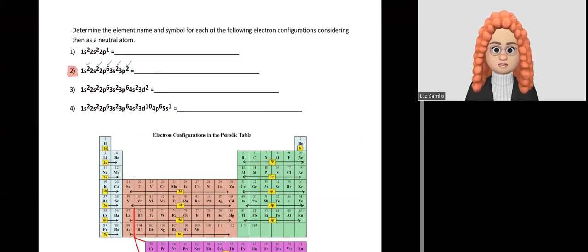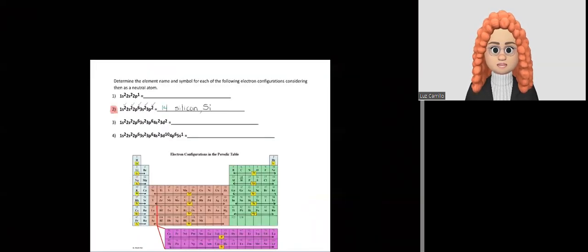When you add all those values, you reach a value of 14, which, as you can see, is the same box that we landed on with the first method I utilized. So element 14, which you can see right here, is specifically the element silicon, and its symbol is capital S, lowercase i.